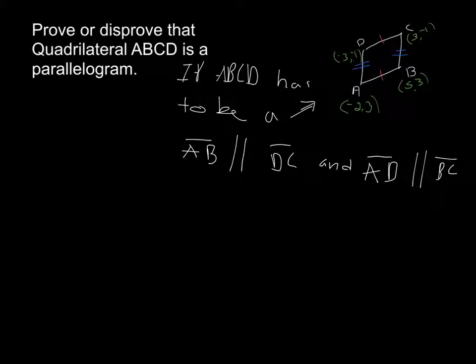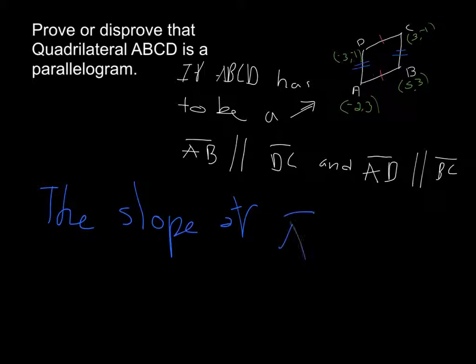And to prove that AB is parallel to DC, we can prove the slope of AB should be equal to the slope of DC. So let me write that down for you. The slope of line segment AB is equal to the slope of DC.